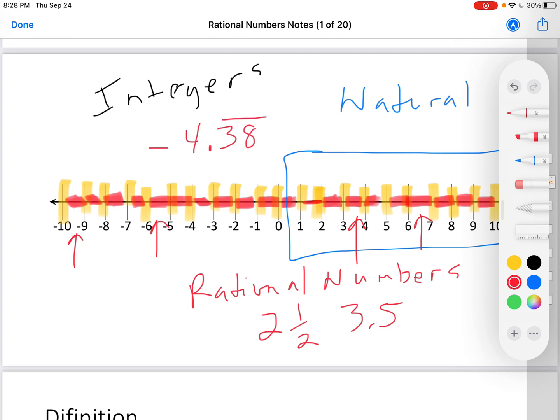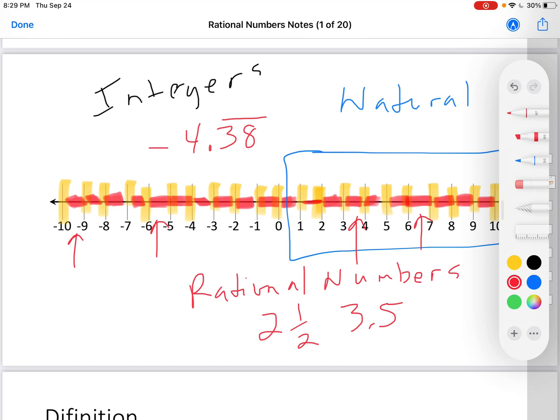These are all rational numbers. However, remember how natural numbers are just a subset of the integers? Well, integers are a subset of the rational numbers. Every integer is a rational number. Every natural number is a rational number.